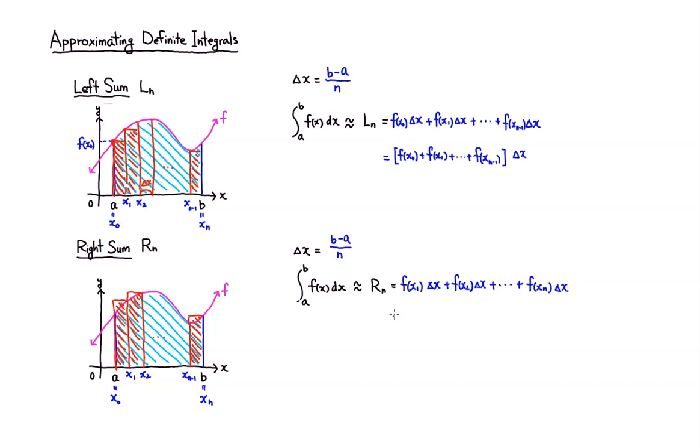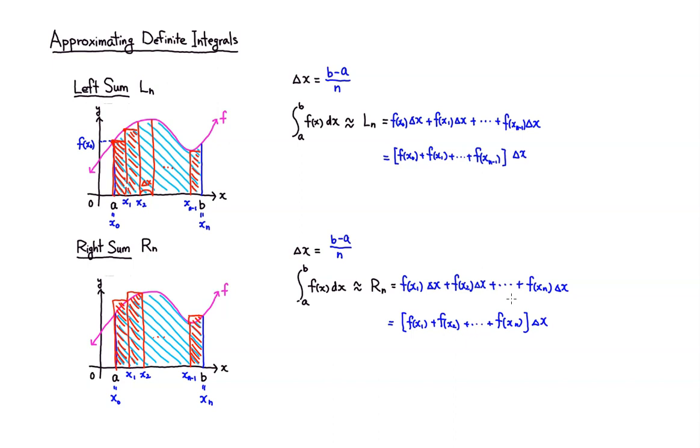So as before, we can pull out delta x. So you're going to have f of x1 plus f of x2 plus the pattern continues until f of xn, and everything is multiplied by delta x. This sum is called the right sum.